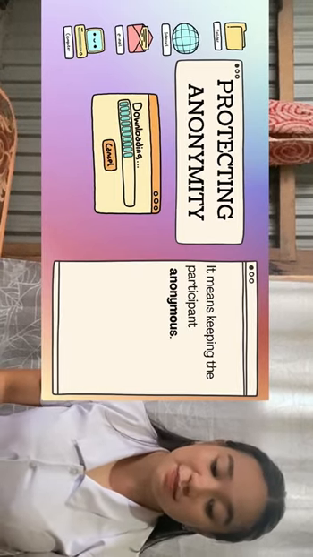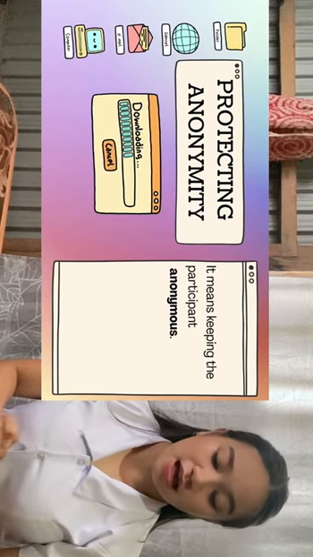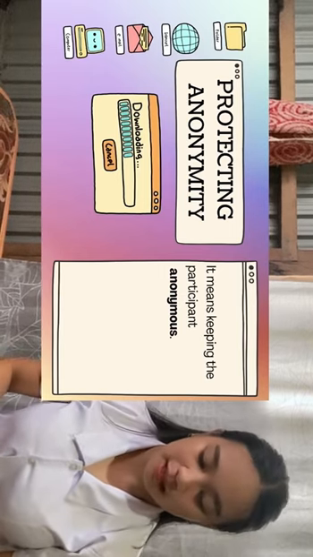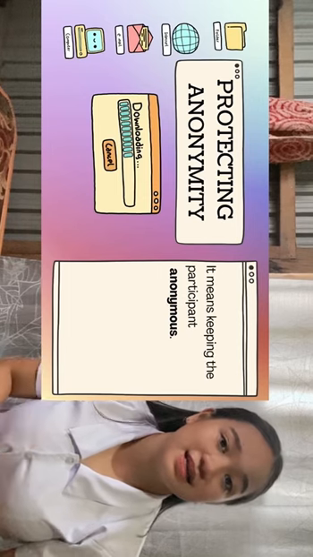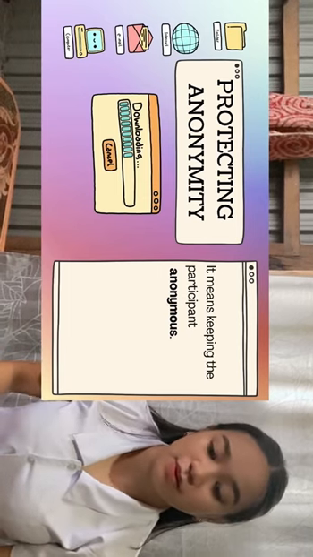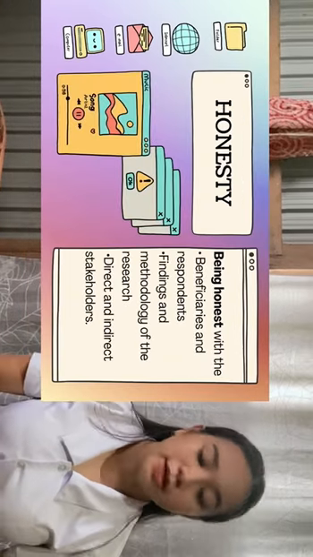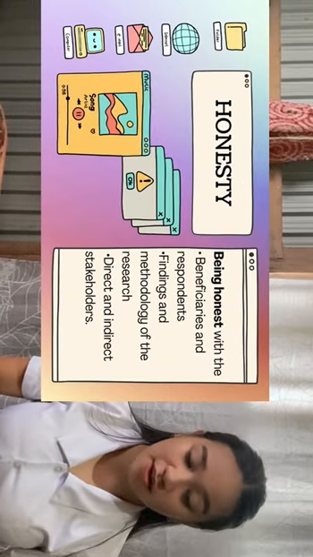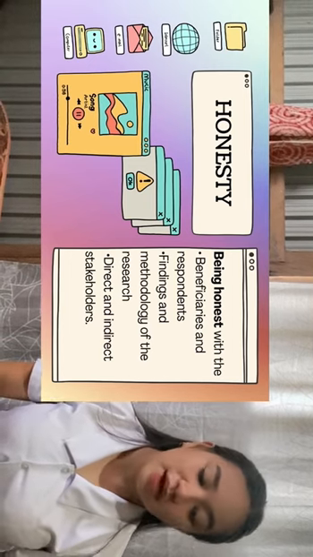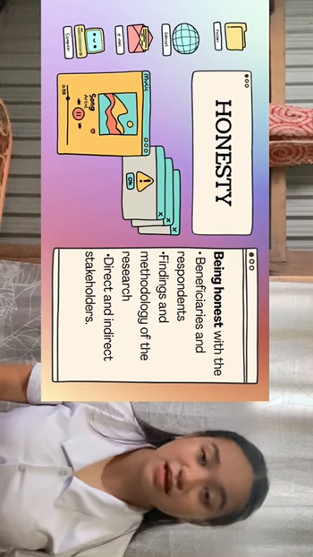So it means keeping the participant anonymous. So pabalik-balik lang din na it means na hindi ipinapakita o ibinubunyag ang identity ng isang participants o yung mga sasagot ng survey mo. So next is honesty. Being honest with the beneficiaries and respondents, findings and methodology of research, direct and indirect stakeholders.